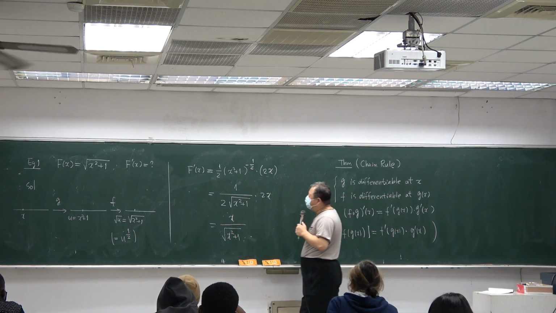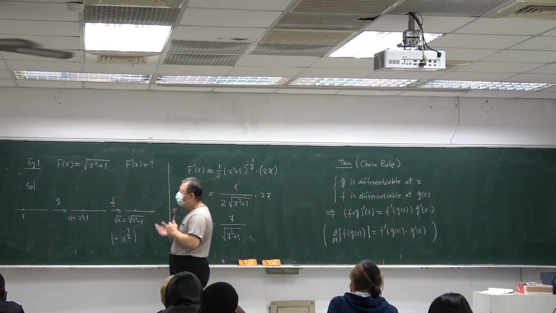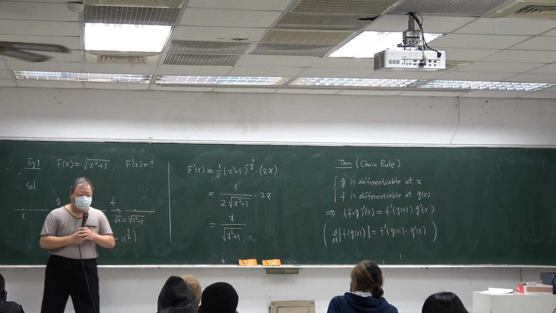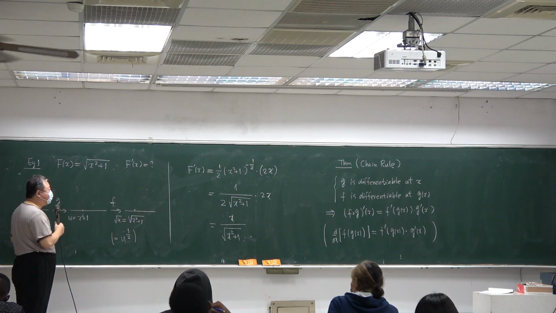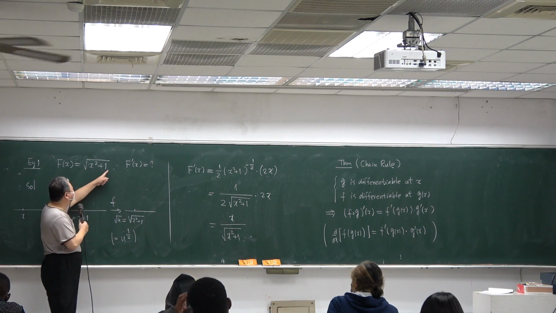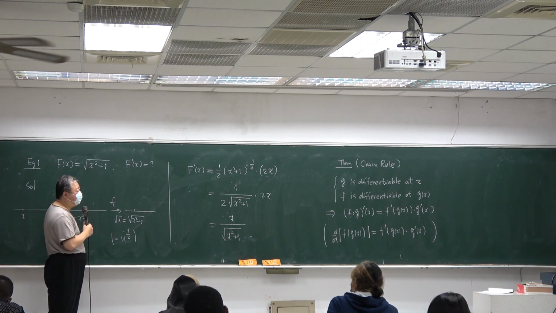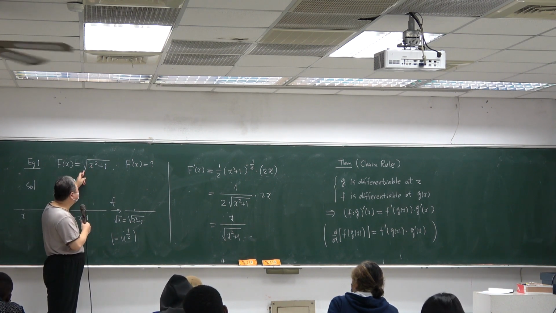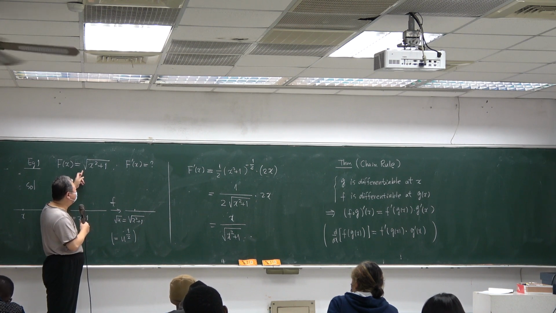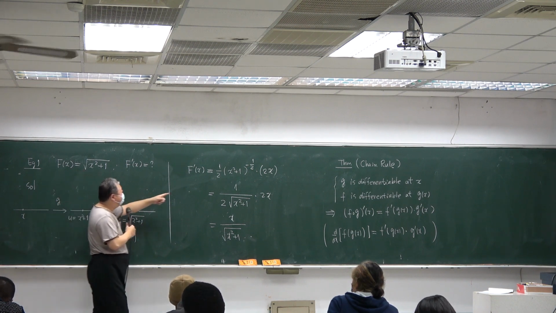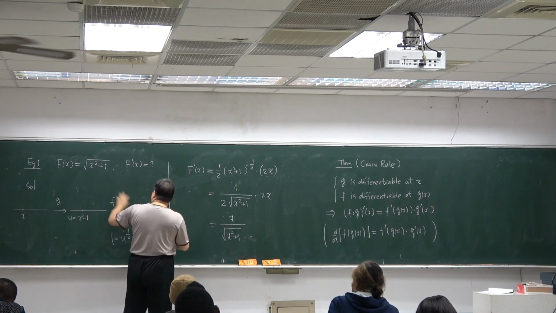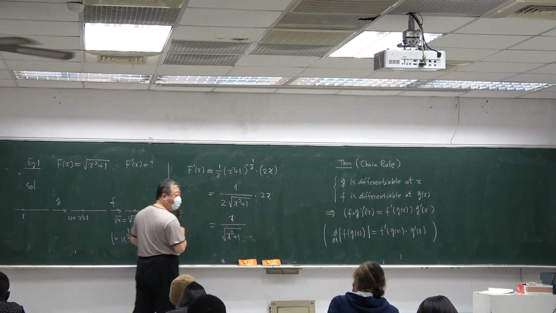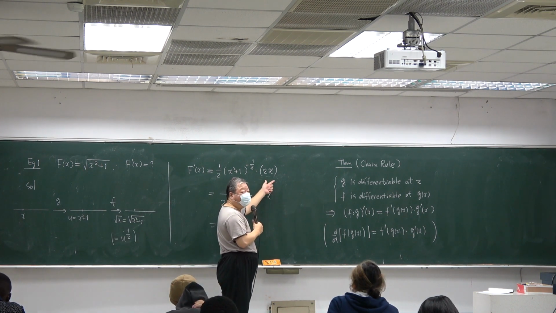So you have to recognize which function is applied first, the polynomial function. Which is the last? This one. So we differentiate the last one, then times the derivative of the inside one.